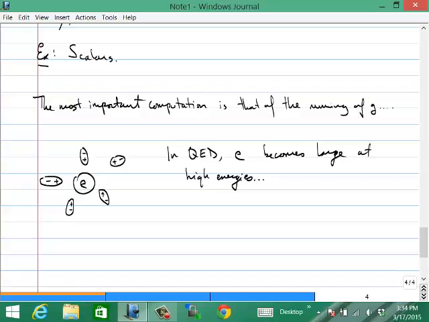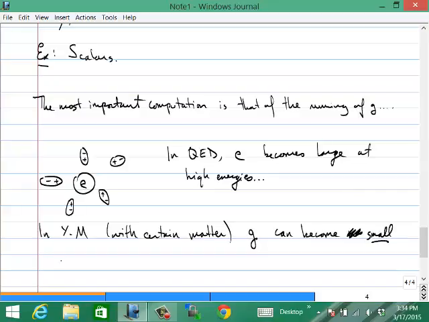What we're going to find is that in QCD, and in particular in a wide variety of Yang-Mills theories, essentially the gauge coupling can become weak. That is to say, the gauge coupling can become small at high energies.